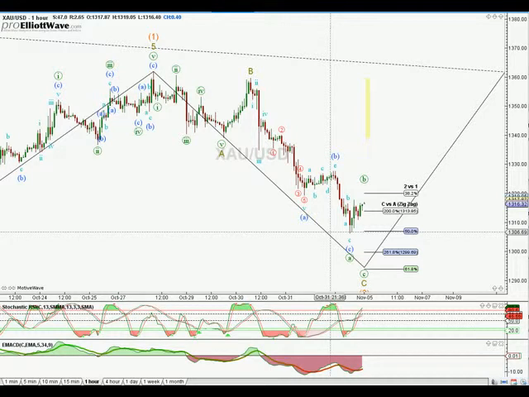As always, anytime you get into the hourly and 15-minute charts, they're less accurate than the 4-hour, daily and weekly, because you have much bigger time frame confirmations to rely on.